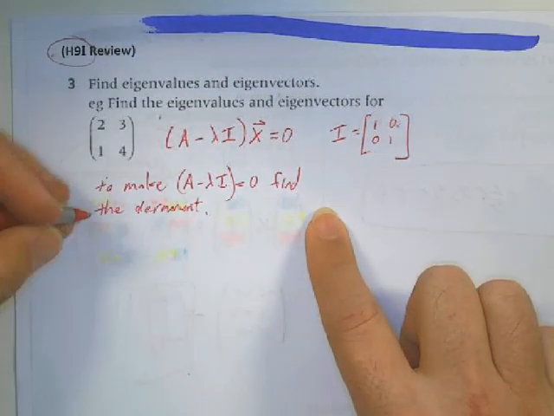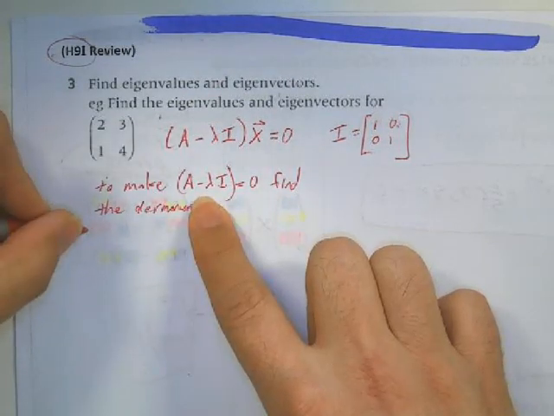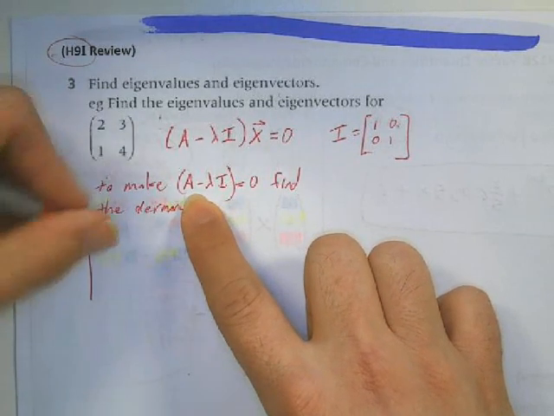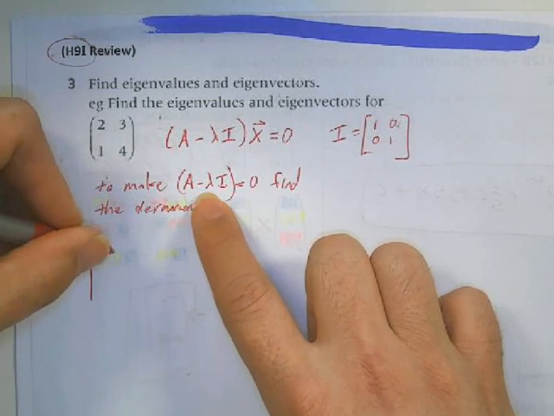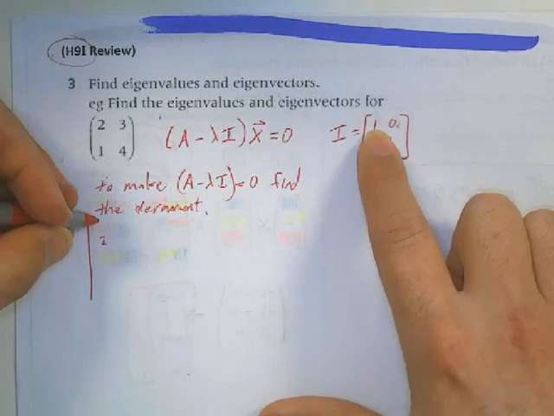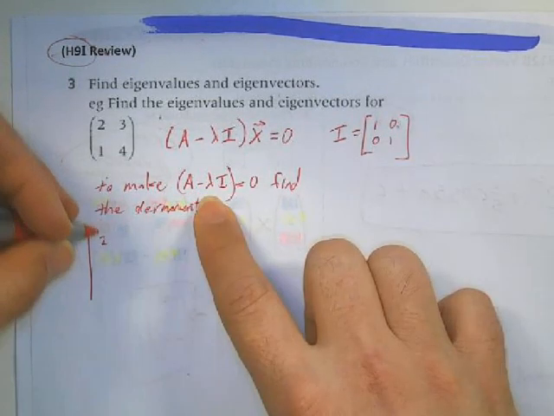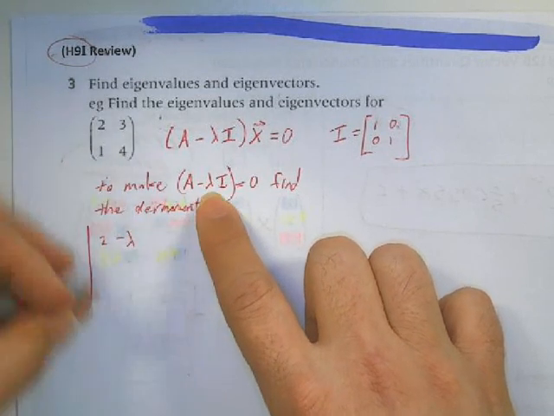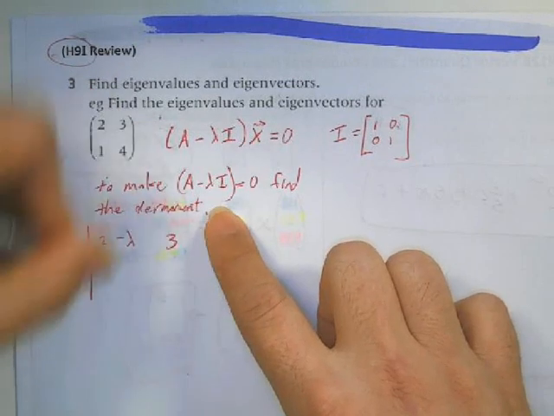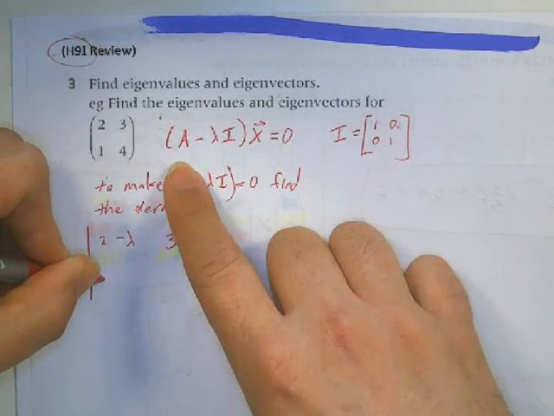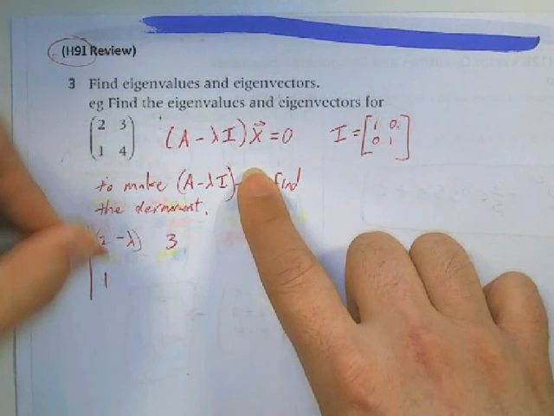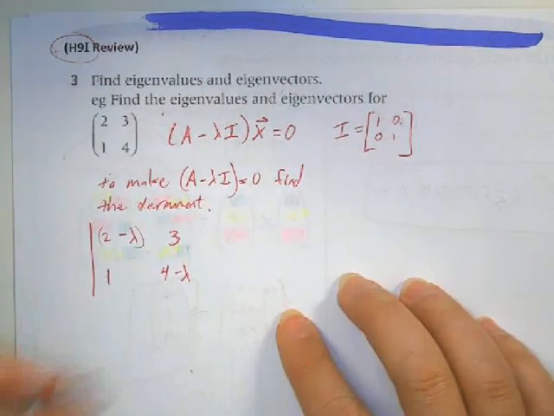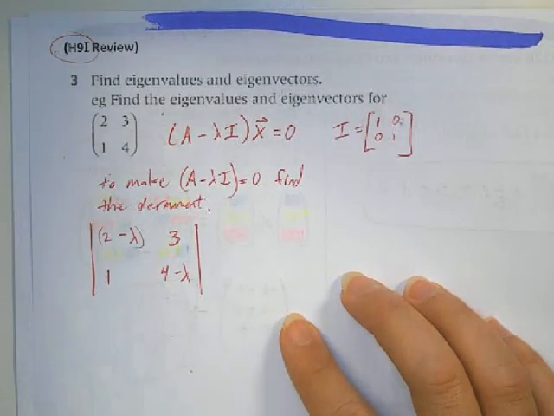Okay, so matrix A is 2, 3, 1, 4, and minus lambda times I. Minus lambda and 0, so it's just going to be 3, and then this is going to be 1, and this is going to be 4 minus lambda.